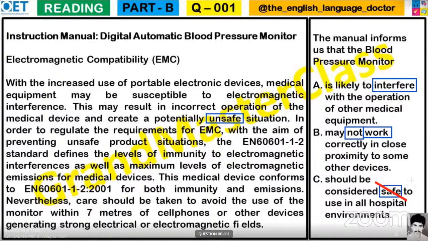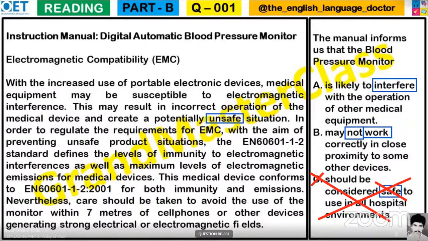Because it is unsafe, C is ruled out. So that's very clear now. C is ruled out. Finished.